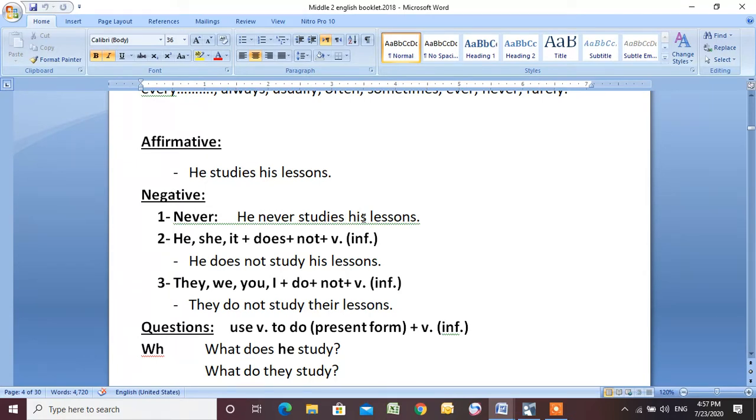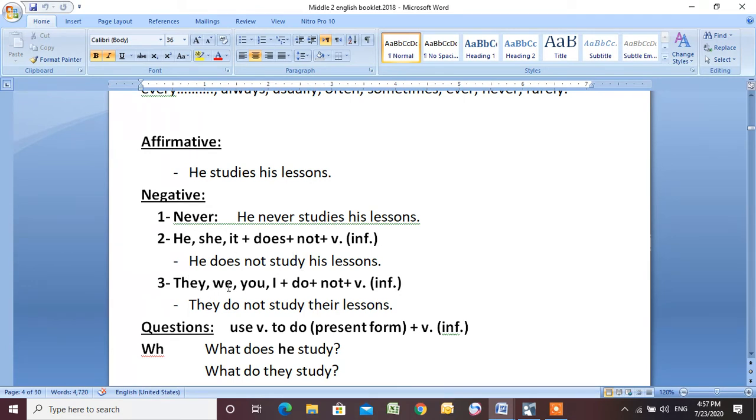He never studies his lessons. There is another form of the negative. With he, she, it, I put doesn't plus the verb in the infinitive. So he doesn't study his lessons. I put does not, and I put the verb into the infinitive form.